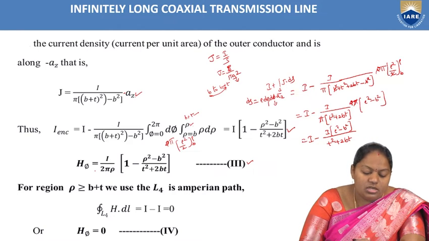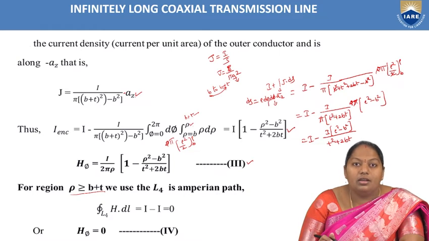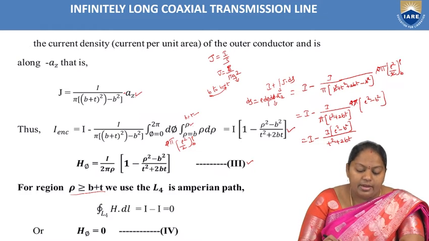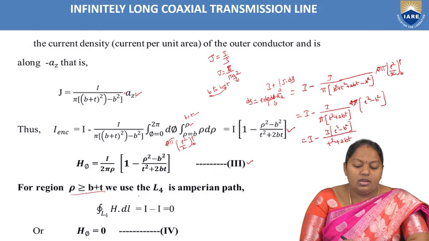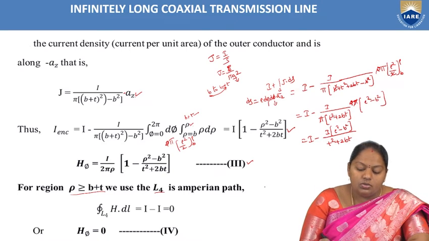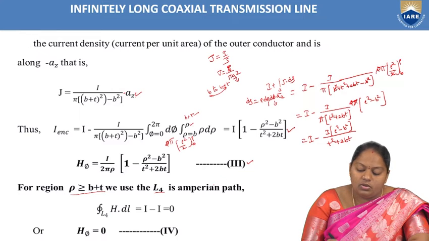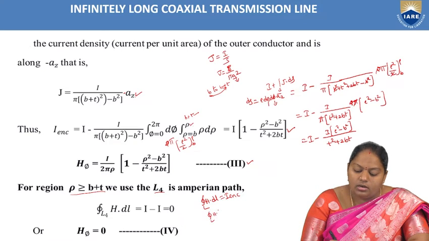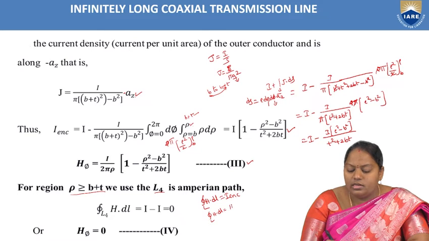Now coming to the fourth region, the region we have considered is rho greater than or equal to b plus t. In this case, we use the path L4 as the Amperian path. So for this, we evaluate the equation integral over L of h dot dl equals I enclosed, where the integral of h dot dl is similar for all 4 conditions, that is h phi into 2 pi rho.